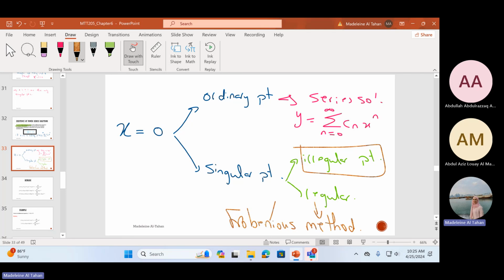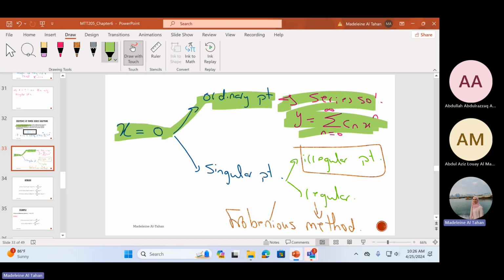Okay. Now, this is in general the series solution method. But what we are concerned with in this course is the one that I will highlight. When x equals 0 is an ordinary point, we will write the series solution in this way.